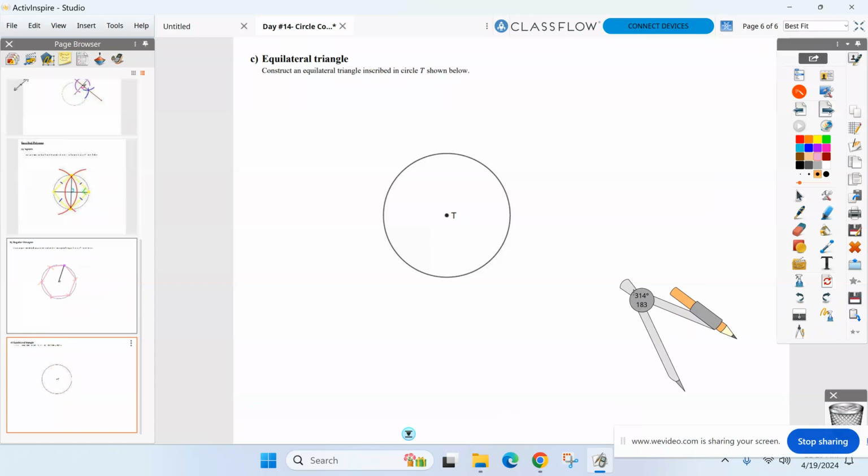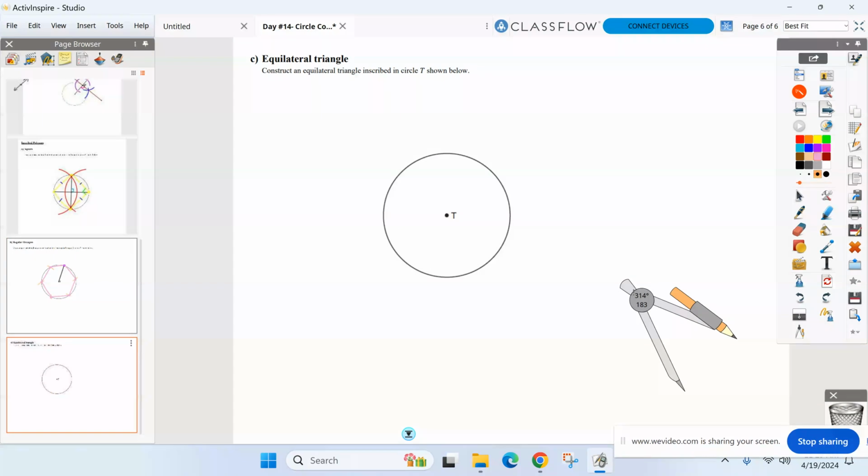Equilateral triangle. What's going through your mind? If you just cut the square, you get 2 triangles. Equilateral, though. What's equilateral?